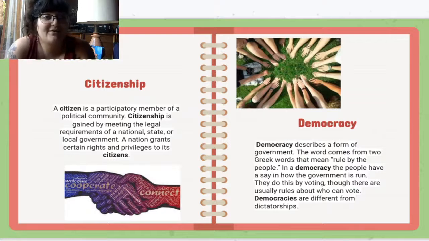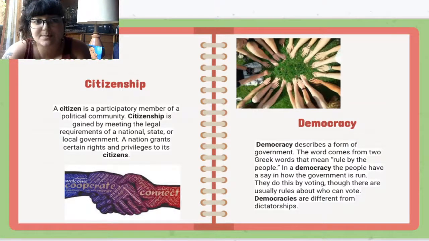Knowing that not everybody who lives in the United States is a citizen, how does that affect our voting? Especially when voting is supposed to represent its people. Those are larger questions. If you have more questions about citizenship, go ahead and write them down, okay?